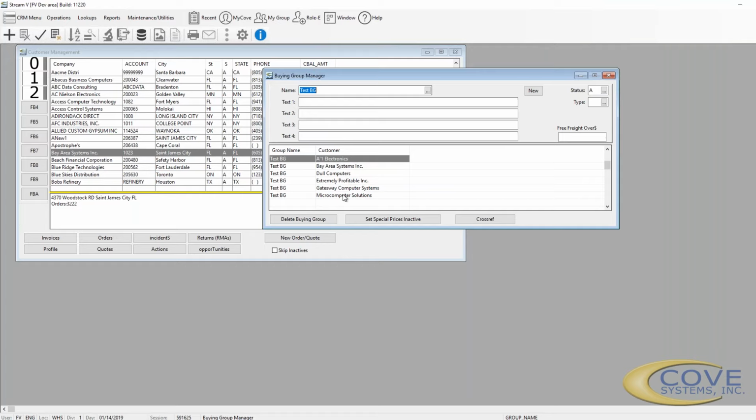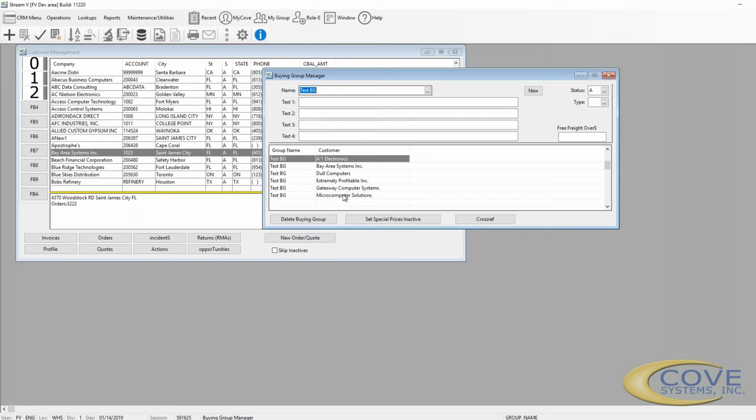This is very common in the medical industry with doctors, where you'll form a buying group for multiple doctors' offices. It's used in the auto parts industry. It's a pretty common thing where you have multiple companies that group together.